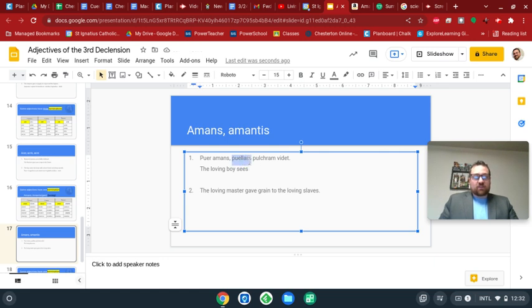So he sees a girl, puellum looks accusative, and pulchrum looks accusative. And it looks like he sees a pretty girl. So the loving boy sees a pretty girl.